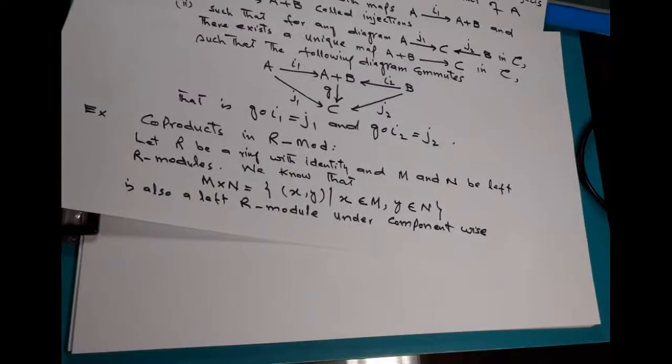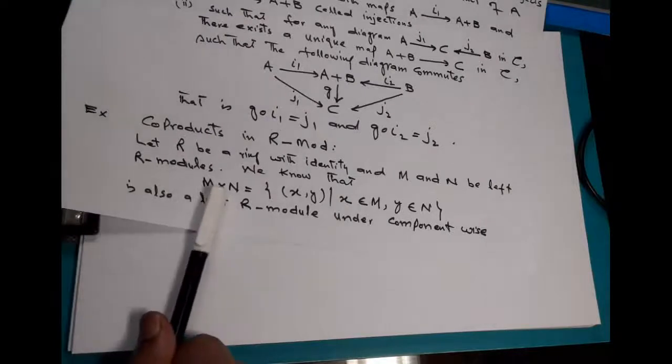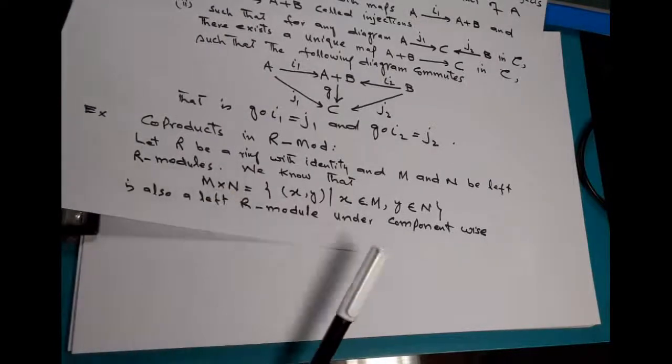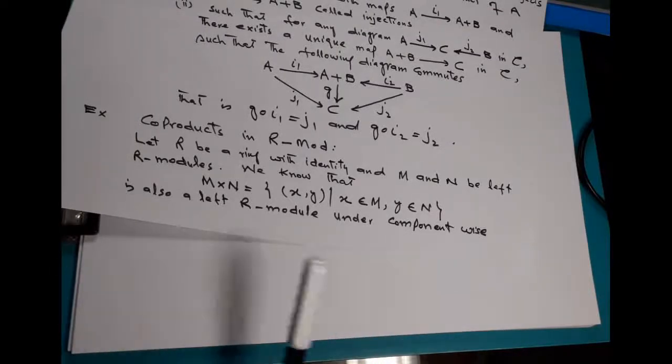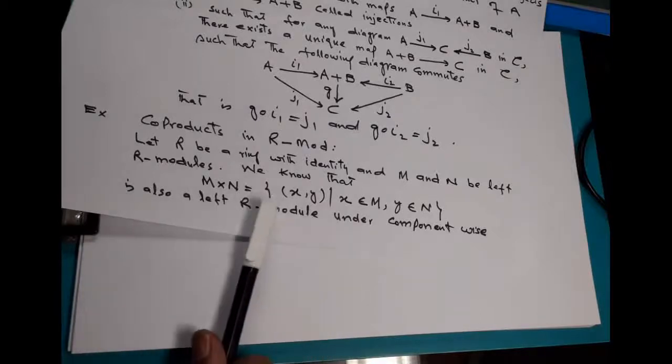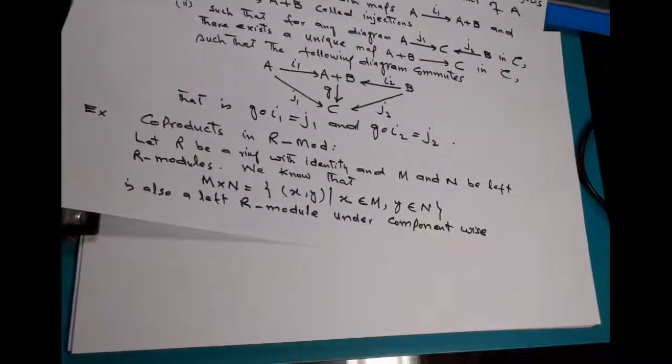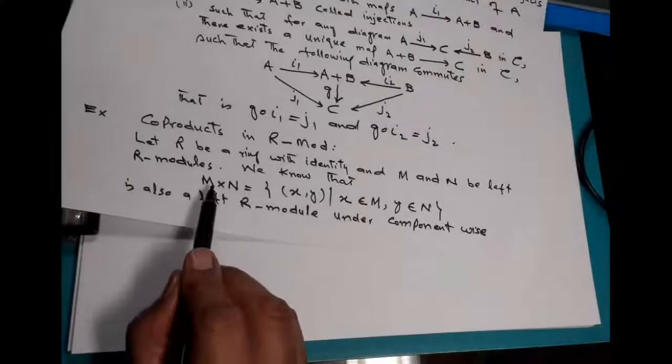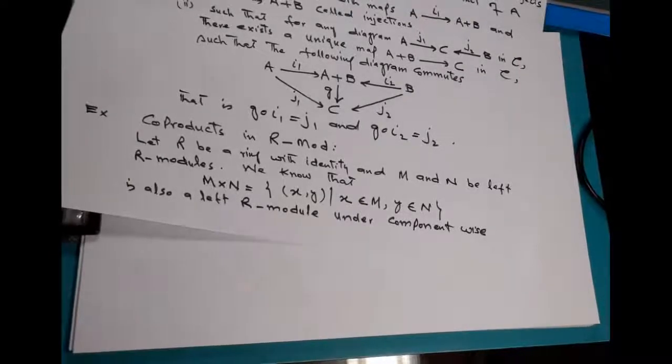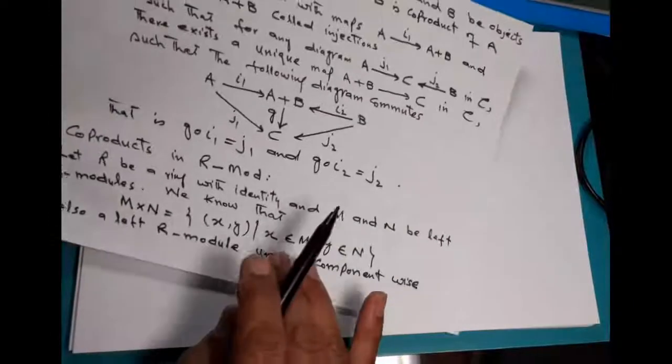In our previous session, we have proved that M cross N is the product in the category of left R modules. Now we are going to prove that the same object M cross N is also the co-product in the category of left R modules. We will simply change the symbol. It is the same object, but when we discuss this object as co-product, we will use the symbol of addition instead of this cross.